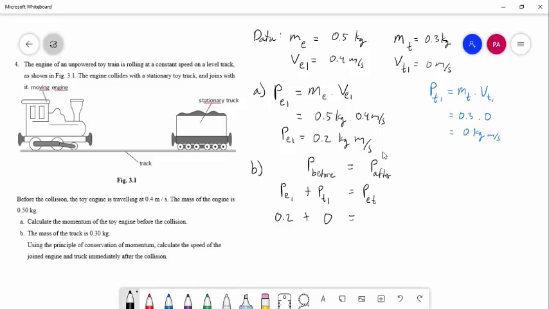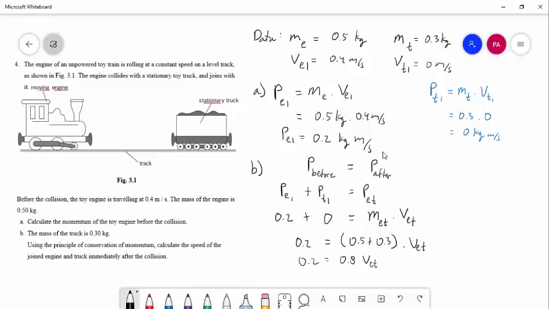This equals the mass of the engine and the truck times the velocity of the engine and the truck. So we need 0.2 equals 0.5 plus 0.3 times the velocity. 0.2 equals 0.8 times the velocity of the engine and truck.